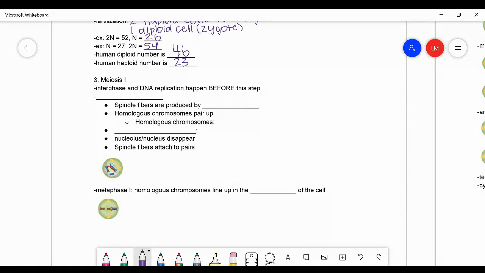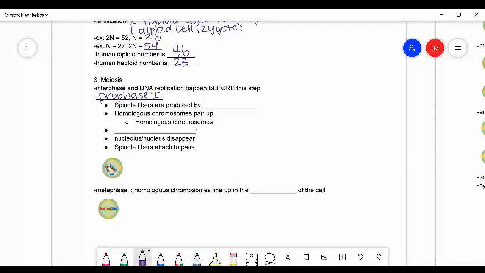The first step of meiosis 1 is called prophase 1. We have to put a number after it so that we know that it's happening here and not during meiosis 2 or during mitosis. So most of the same regular prophase things that we already know about are going to happen here with a little bit of a difference.